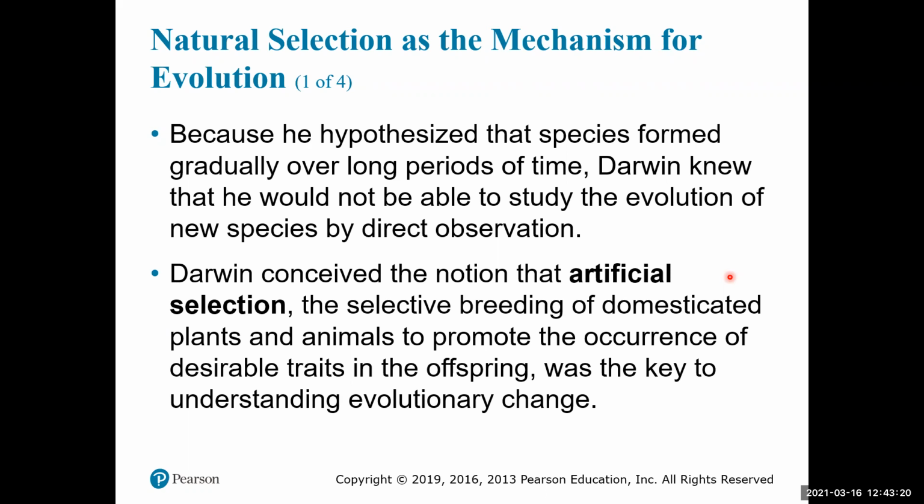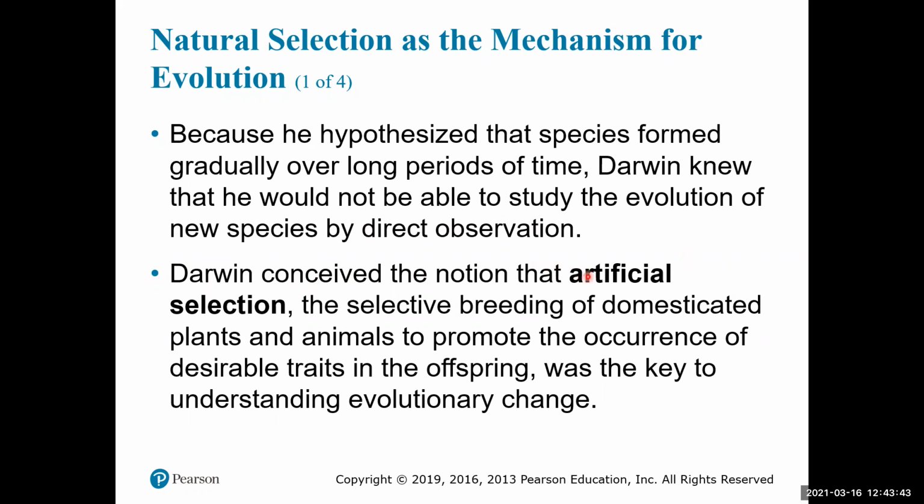And a lot of times that doesn't happen in our lifetime unless we're looking at fast growing organisms like bacteria, right? And so what Darwin did is he thought about how he could express this idea of evolution, even though we weren't able to observe it today.